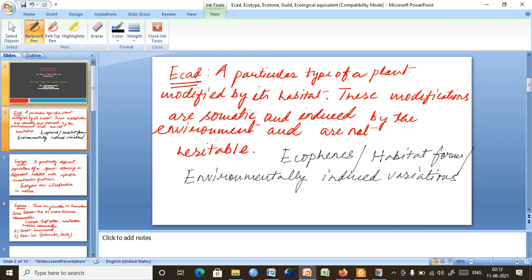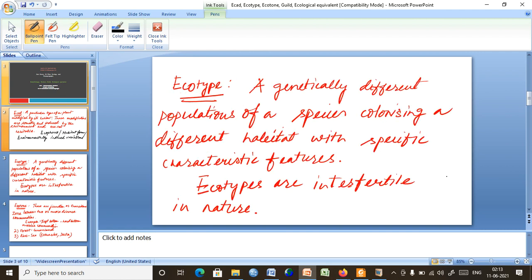And if and when ecophane or Ecad is genetically regulated or the changes are incorporated in the genes, they are fixed and heritable, they are known as ecotype.